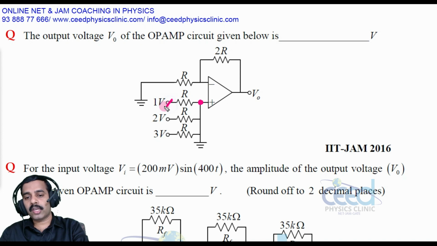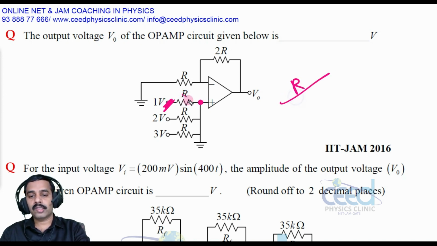So for the voltage corresponding to this 1 volt at this point, the total resistance is R plus R plus R, into this voltage of 1 volt.